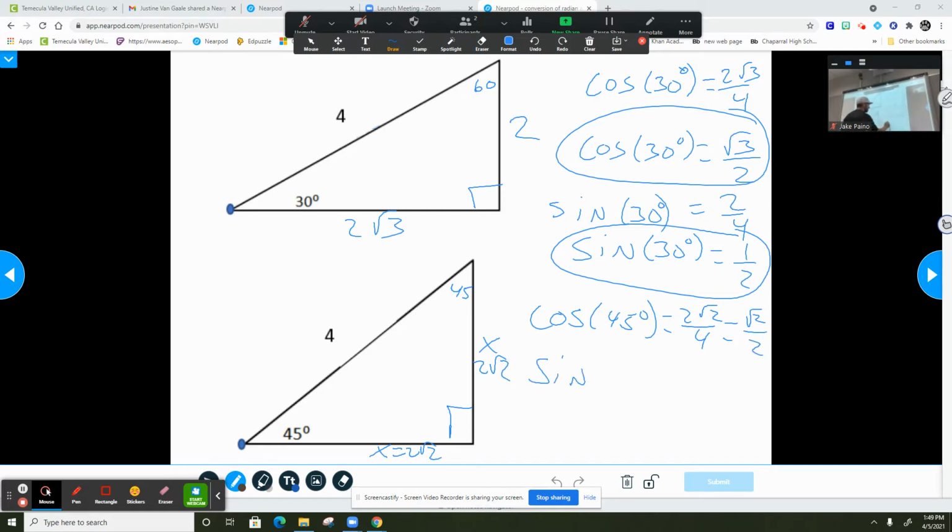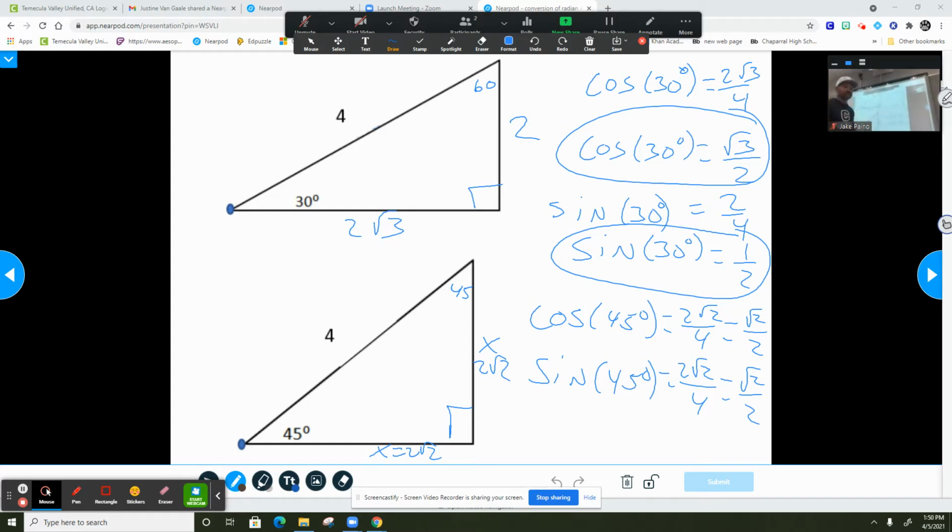And sine of 45 degrees, opposite over hypotenuse, it's the same thing, 2 rad 2 over 4, which reduces to rad 2 over 2. All right, so we have our answers here. Cosine of 45 degrees is rad 2 over 2. Sine of 45 degrees is rad 2 over 2. Again, I want you to start thinking about, do I see those on the unit circle somewhere?